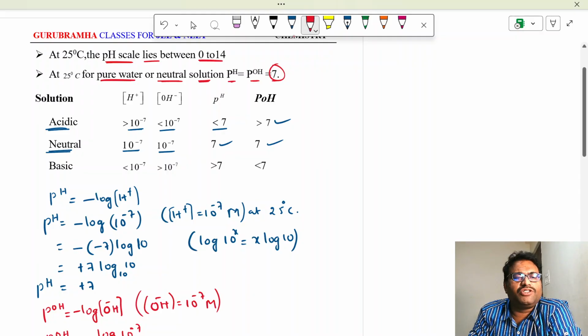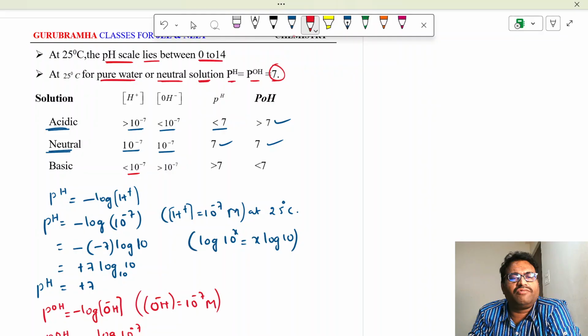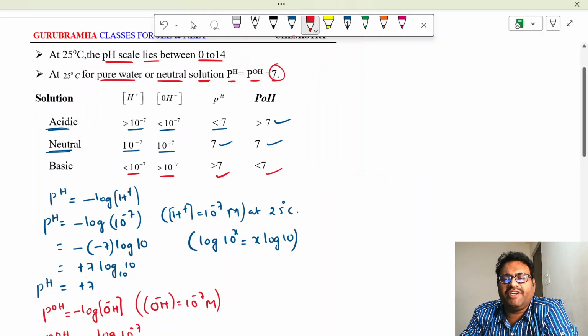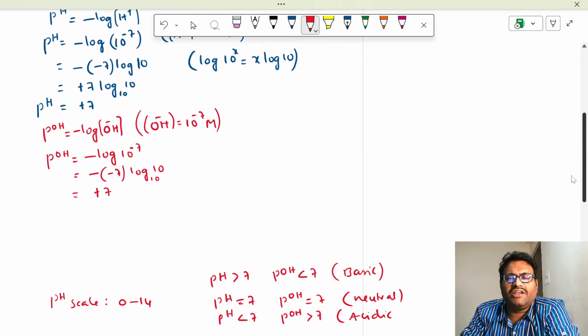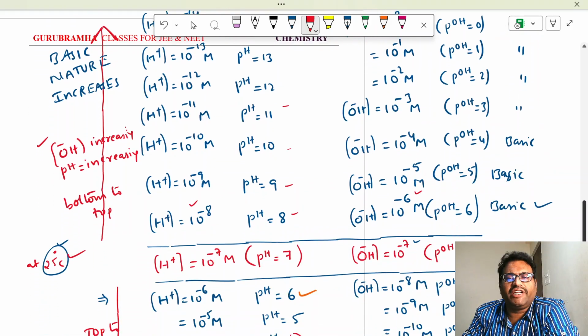Coming to basic solution, H plus ion concentration less than 10 power minus 7, OH minus ion concentration greater than 10 power minus 7, pH greater than 7, pOH less than 7. So very detailedly we have discussed here, representing each and every point.